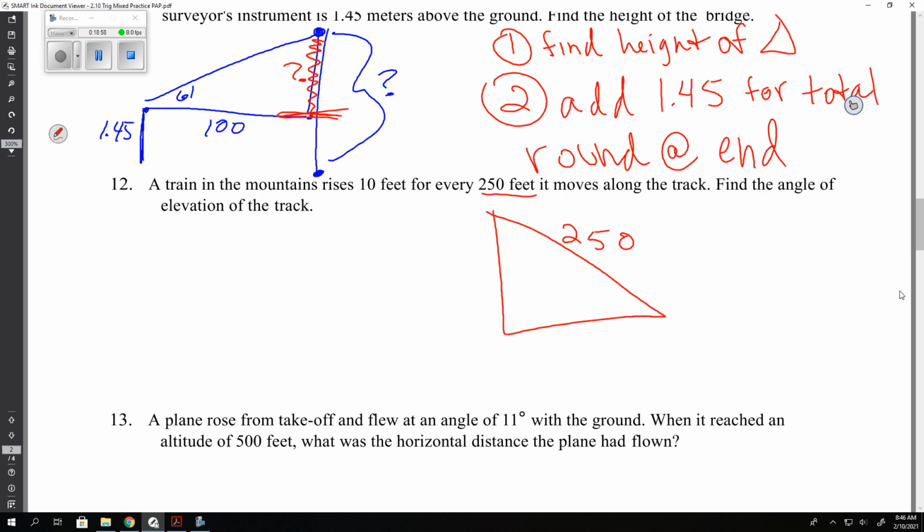Show me rising. It's going straight up and down, yes? Okay? So, there you go. And then they want to know what is the angle of elevation of the track. So, your angle of elevation is going to be down there. So they're asking what angle the train is traveling at. Okay, so when we're finding an angle, what do we have to use? Yep, the inverse. Okay?